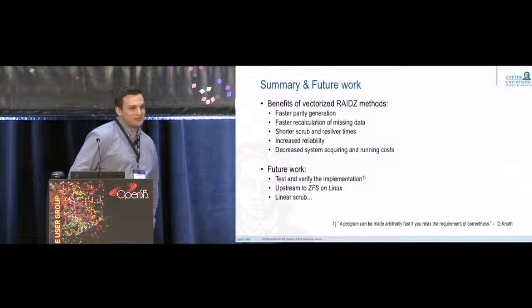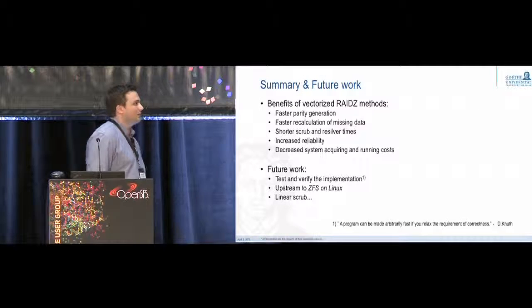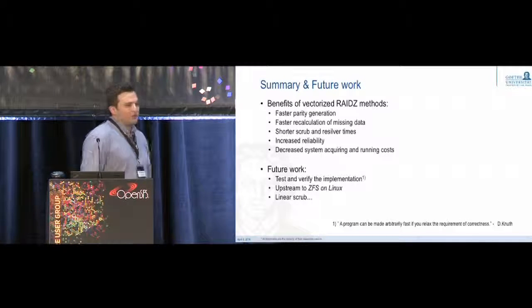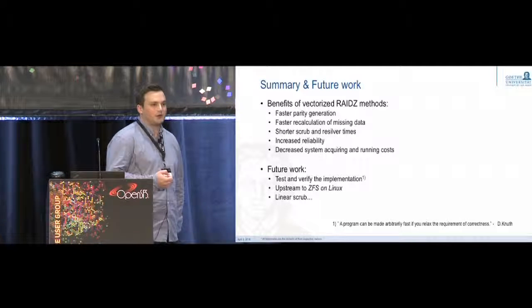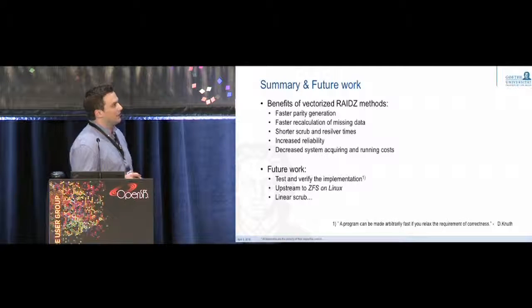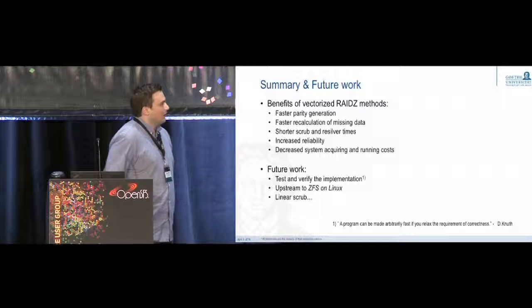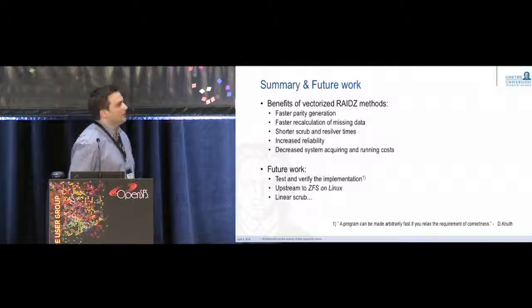So the summary: what are the benefits of the vectorized RAIDZ methods? It's faster parity generation, which in turn means that your CPU load on the server will be less. Or we should expect faster recalculation of the missing data, resilvering of the pools, which in turn can increase the reliability of the whole system.